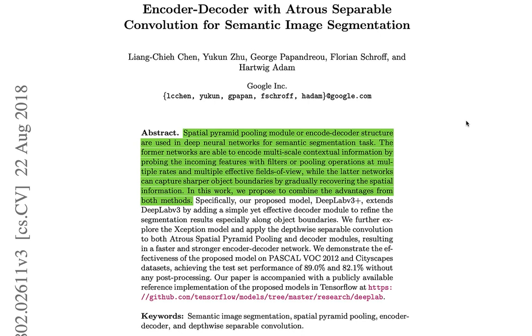The encoder tries to reduce the feature map size of the input image by doing convolutions and pooling operations, and the decoder module tries to upsample and recover these spatial features.